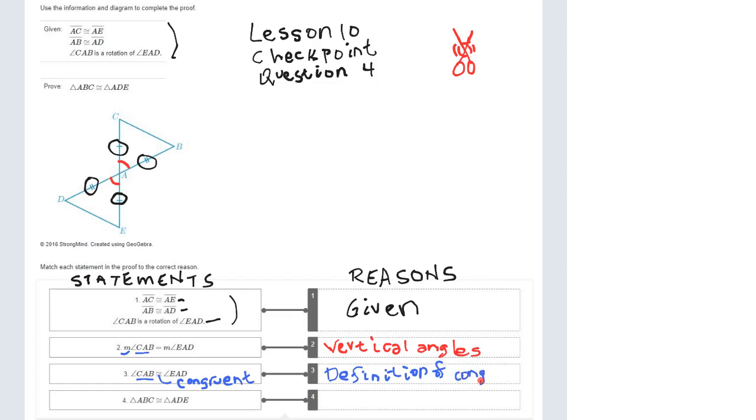I'm just going to write the word congruent, and then I'm going to draw the picture of angles. Congruent angles. This is the vertical angles are congruent.